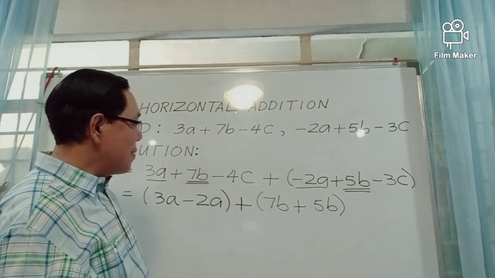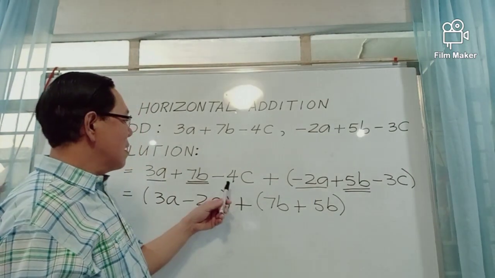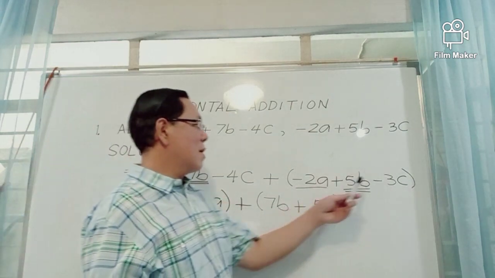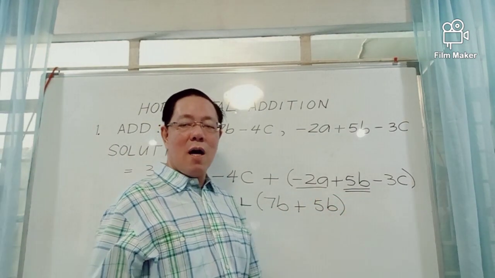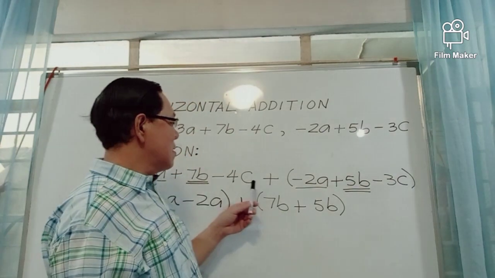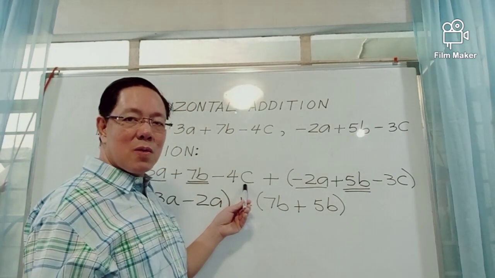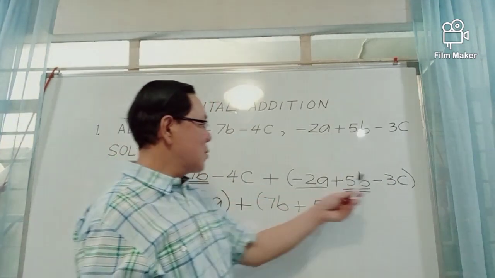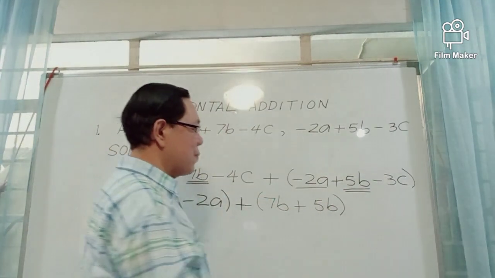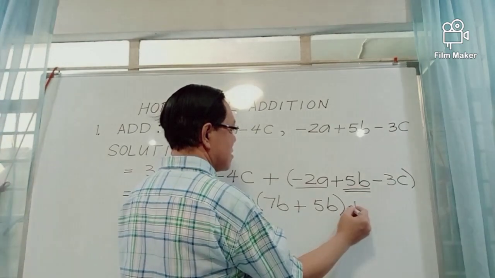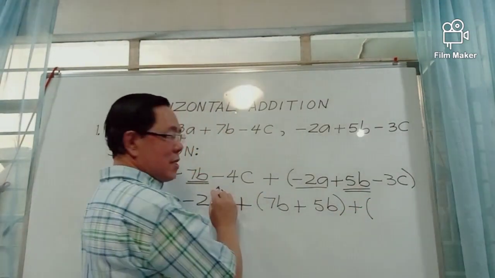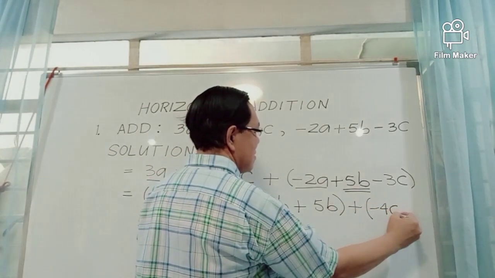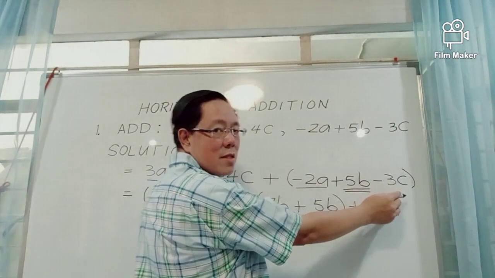And the remaining terms of the two trinomials, negative 4c and negative 3c, are similar terms. They have the same literal coefficient c. So we collect these two terms into one group. Plus negative 4c minus 3c.